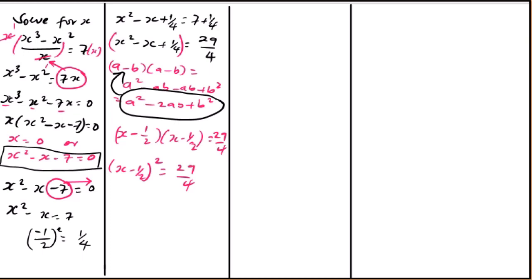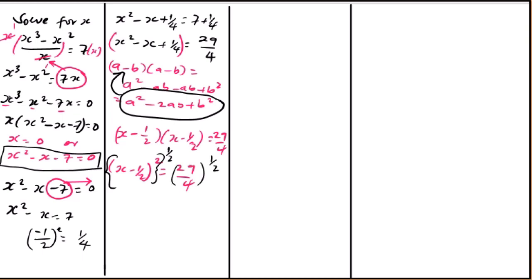Now let's get the square root of both sides. Remember, half as a power also means a square root.